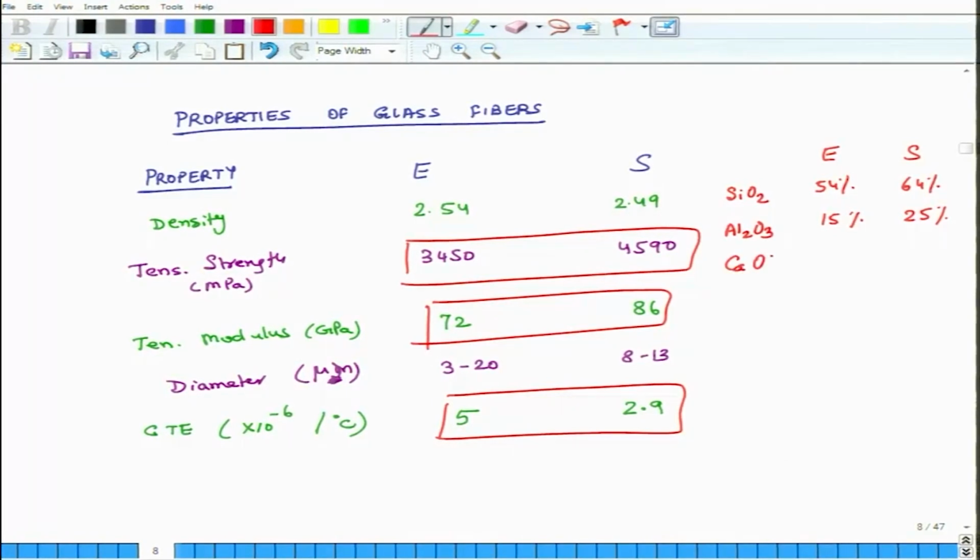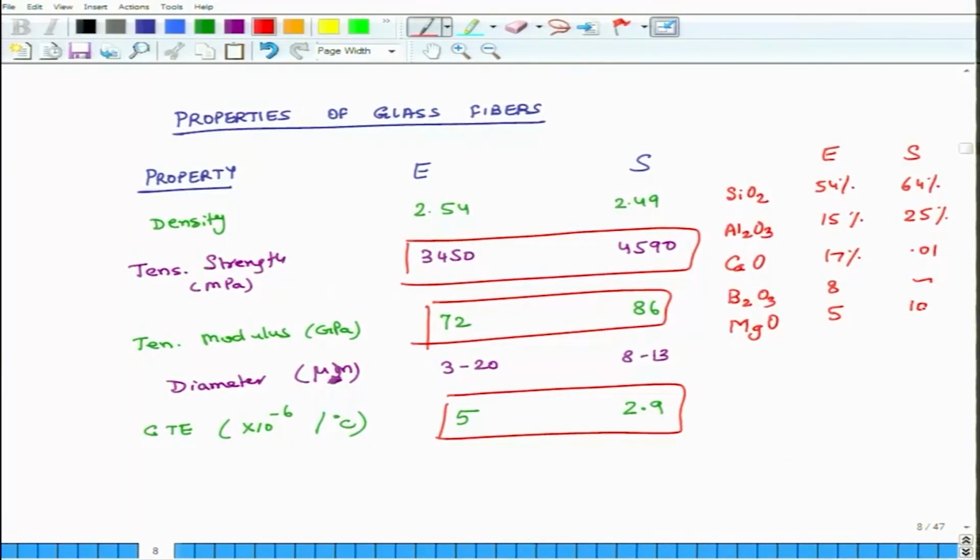Calcium oxide, this is about 17%, and this is negligible, 0.01. Then it has boron oxide, 8, this is again very less. Magnesium oxide, this is about 4.7, or I will round it to 5, and this is actually large, 10%.